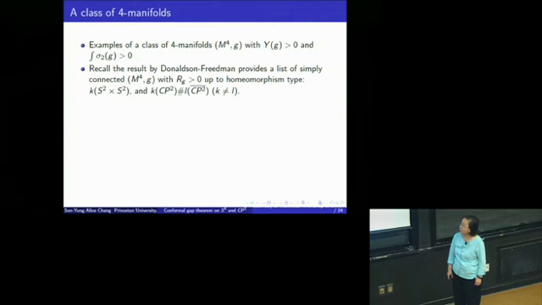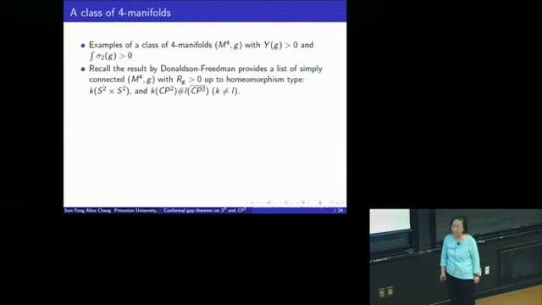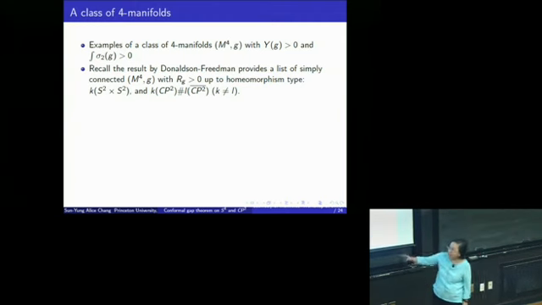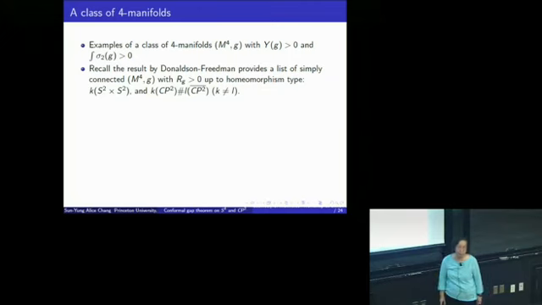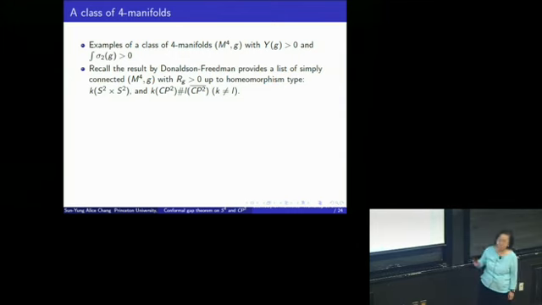So these are, up to homeomorphism type, two classes: the K copy of S² × S², and then the K copy of CP² connected sum with the L copy of CP² conjugate. So one is spin, one is non-spin.